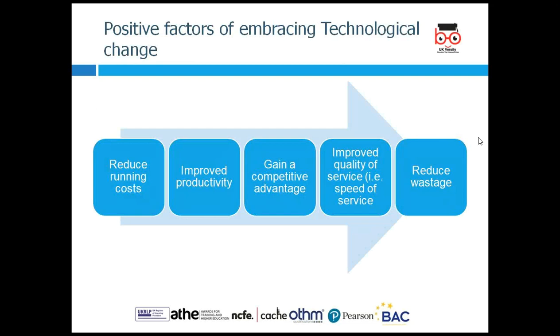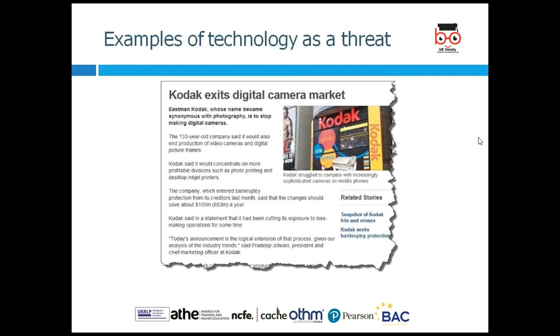We need to look at reducing running costs: online booking, auto systems, auto clock-in, security, everything can be managed through technology, through sensors, scanning, booking, apps, payments. Check-out, everything you can do through technology, with no human interaction or reduced interaction. Reduce running costs, improve productivity, gain competitive advantage, improve the quality of the service, speed, and reduce waste.